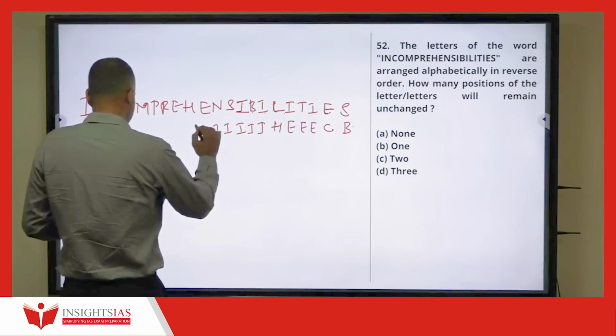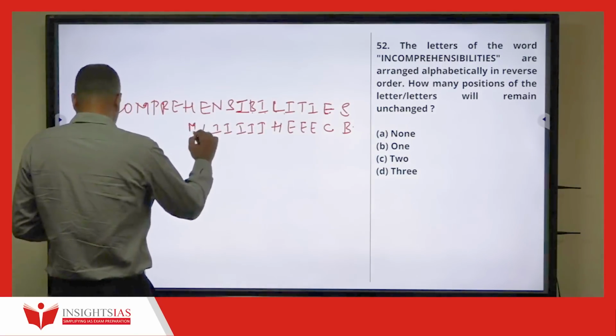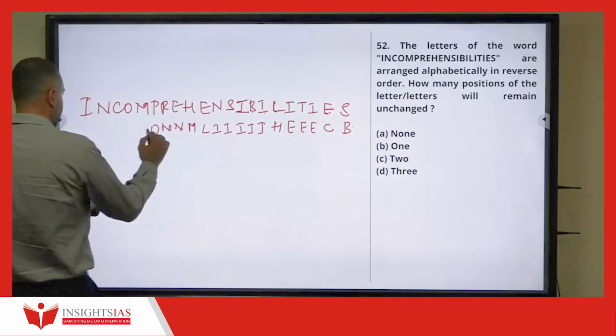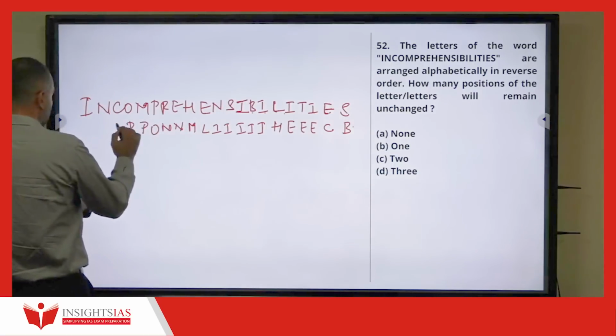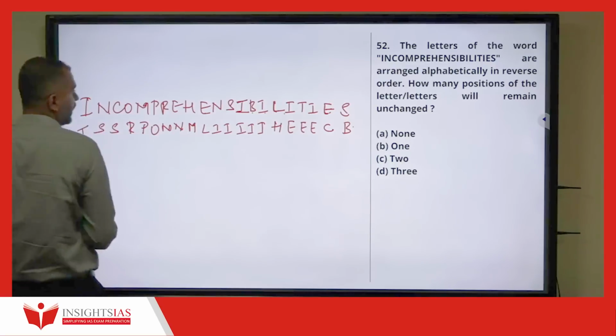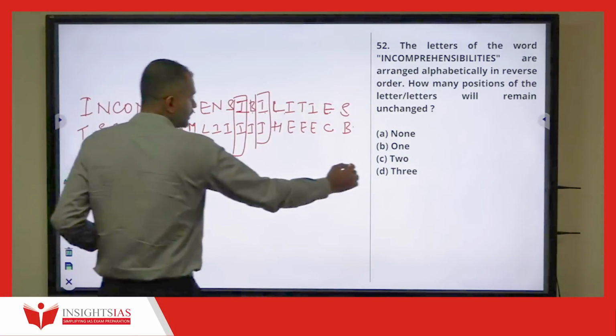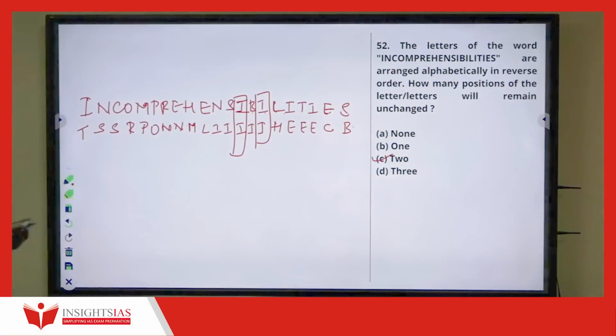Five I's we have, an L, 1 M, 2 N's and an O, P, R, double S and T. See here we have I, here we have I. So the answer is 2 I's. None of these will remain in the same position.